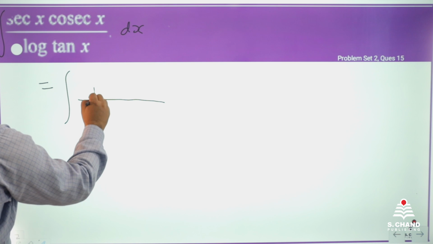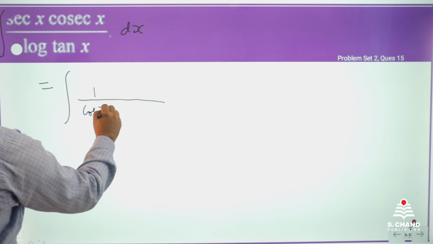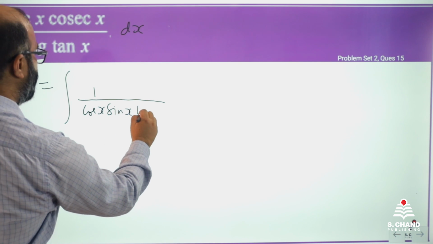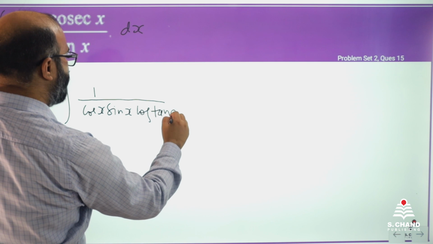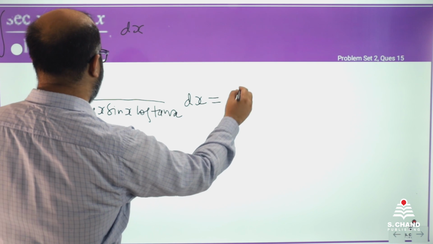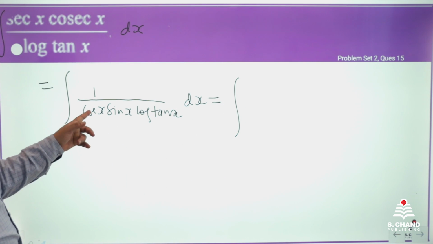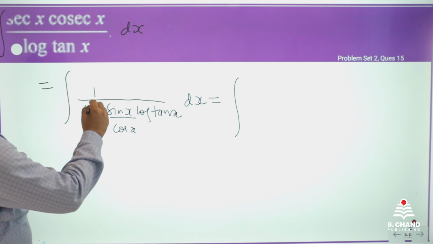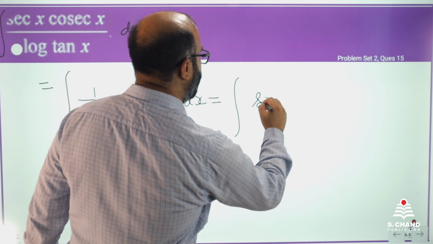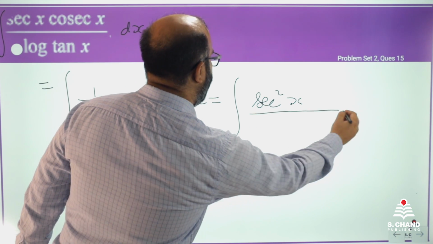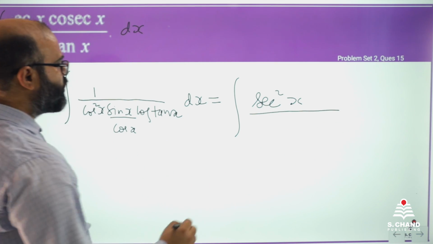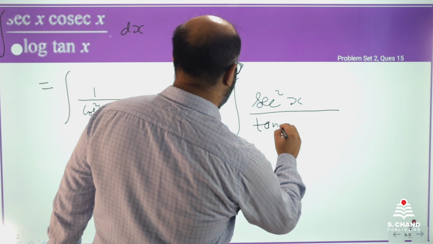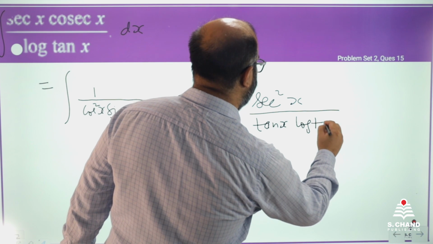This is 1 by cos x into sin x, and this is log of tan x dx. Now cos x can be divided and multiplied like this. So 1 by cos square x is sec square x. And here we have sin x by cos x as tan x. So tan x into log of tan x dx.